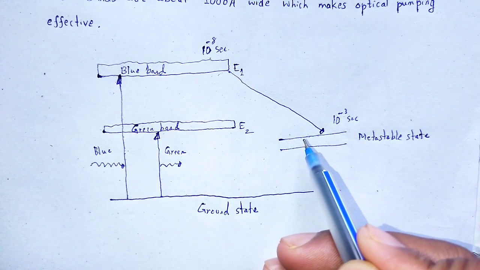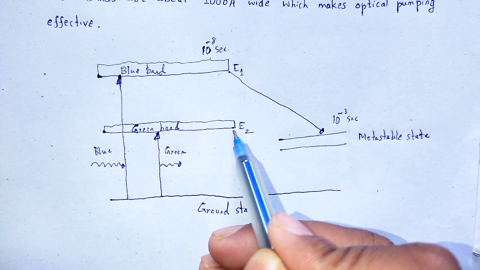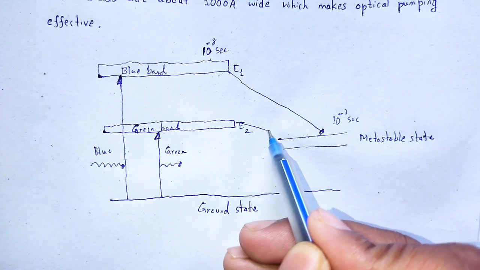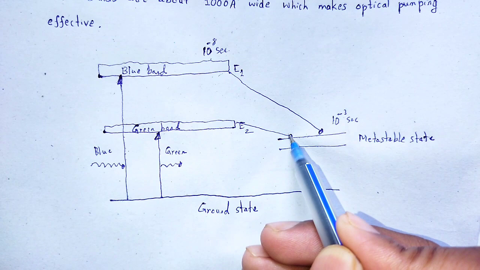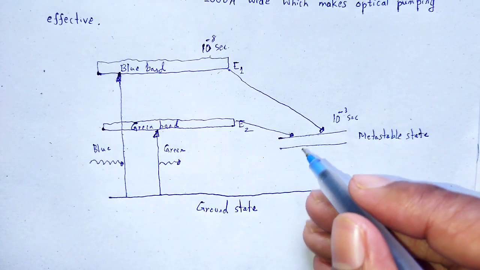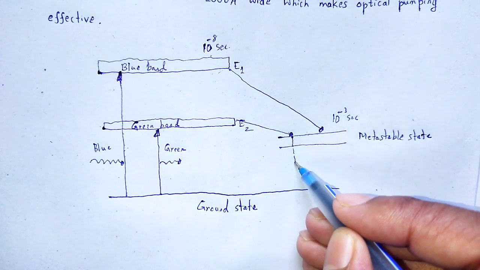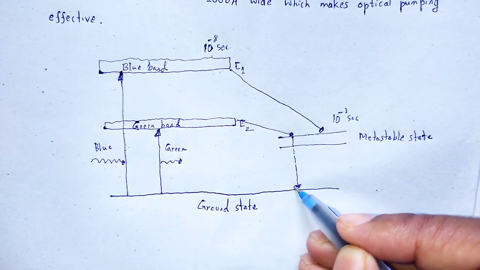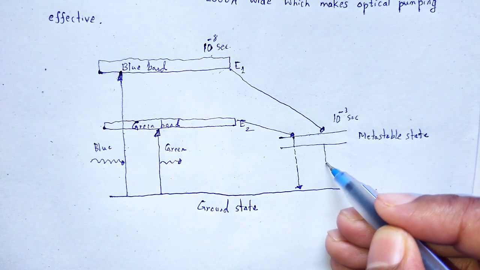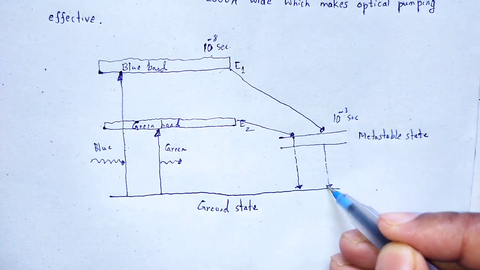It is due to that of spontaneous emission. Finally, they go towards the ground state by releasing energy of photon.